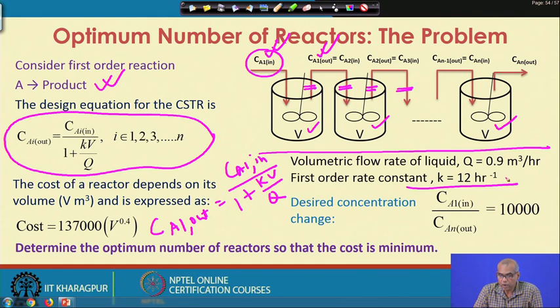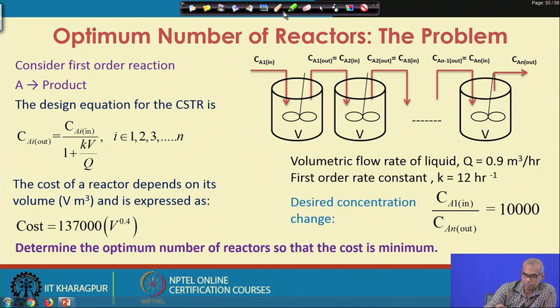So, the volumetric flow rate Q equal to 0.9 meter cube per hour is fixed for all the reactors. So, that we understand the design equation for the CSTR.